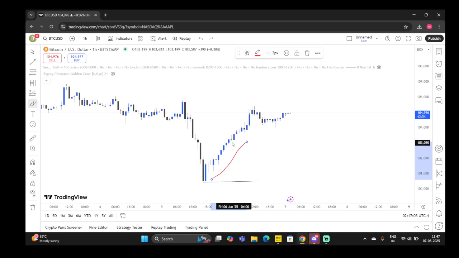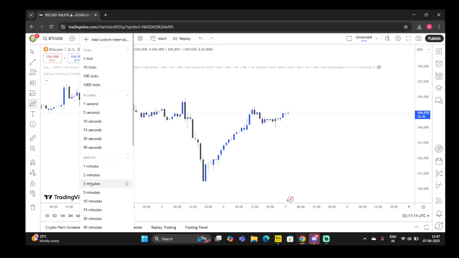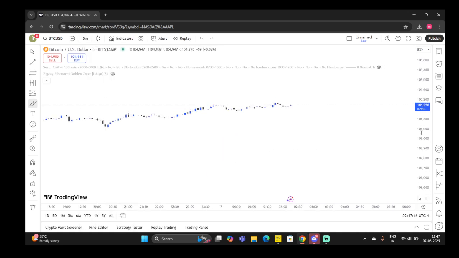Many people might have tried shorting here, or they might have seen the small time frame, like 5 minutes, 1 minute, or something like that.